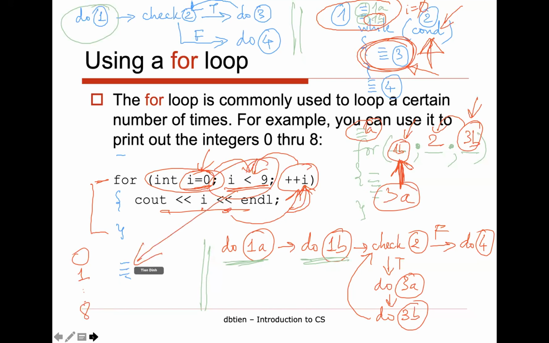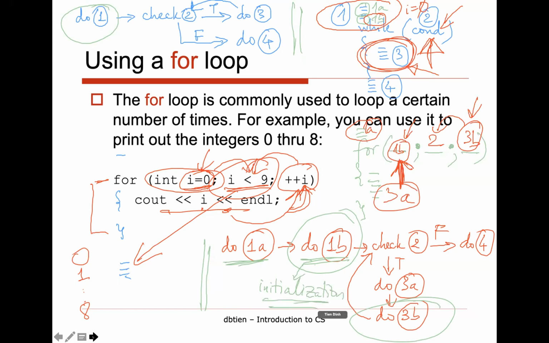So you look at the while loop and the for loop, they are the same. Only they try to split the 1b and 3b to be clearer for the loops. The 1b is something like initialization for the loops.